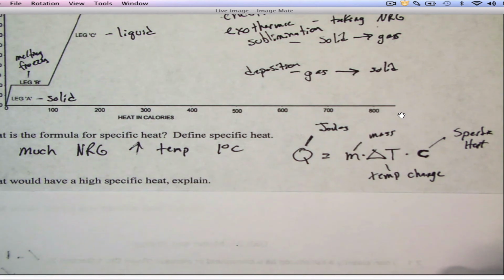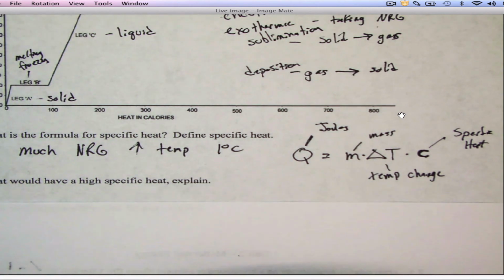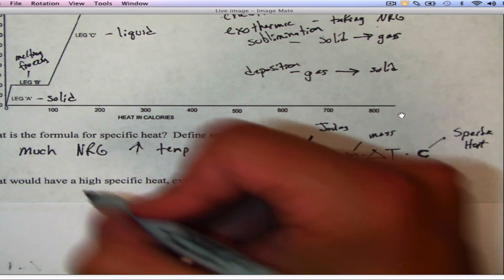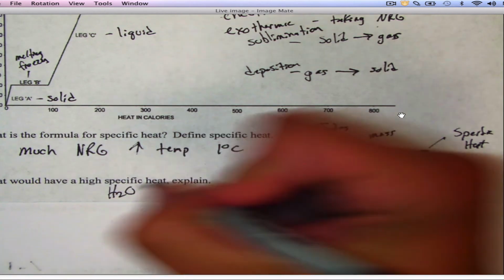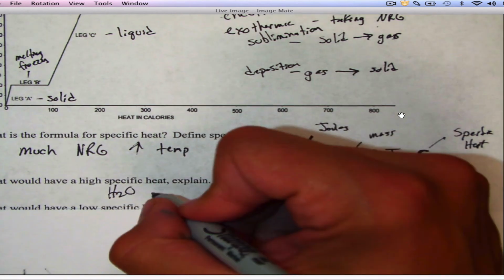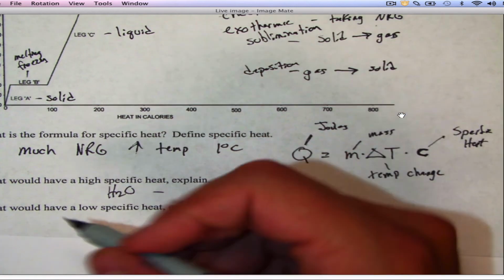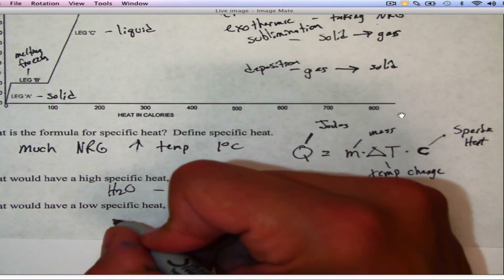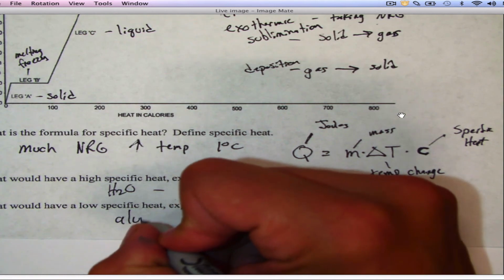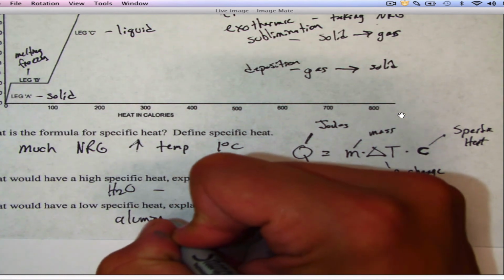So what would have a high specific heat? Water has a high specific heat. It takes a lot of energy to heat it up, and it takes a long time for it to cool down. So water would fall into that mix. All right. Takes a lot of energy to heat up, takes a lot of energy to cool down. What would have a low specific heat? Usually something like aluminum. Okay.